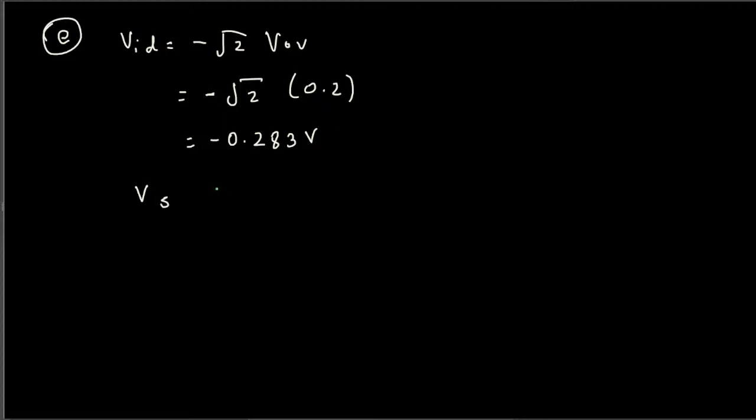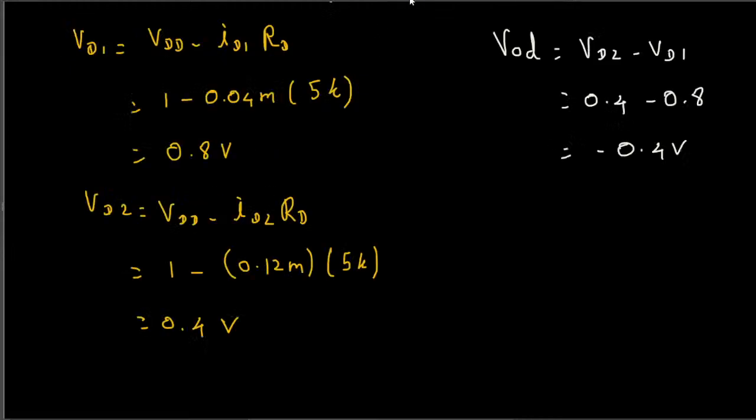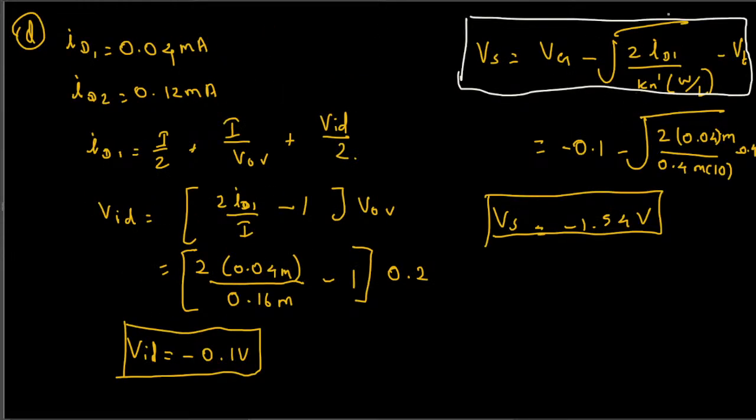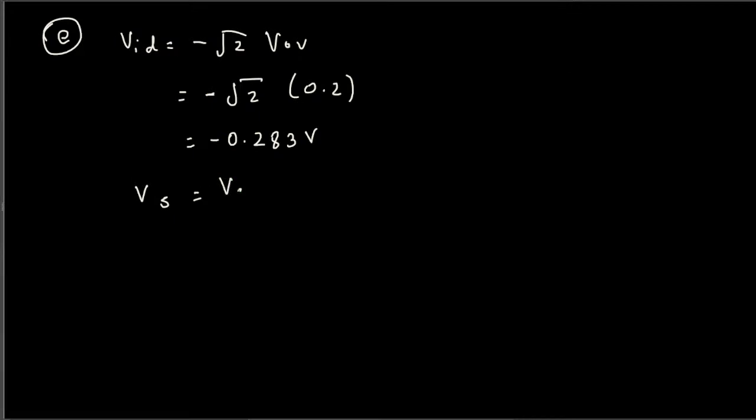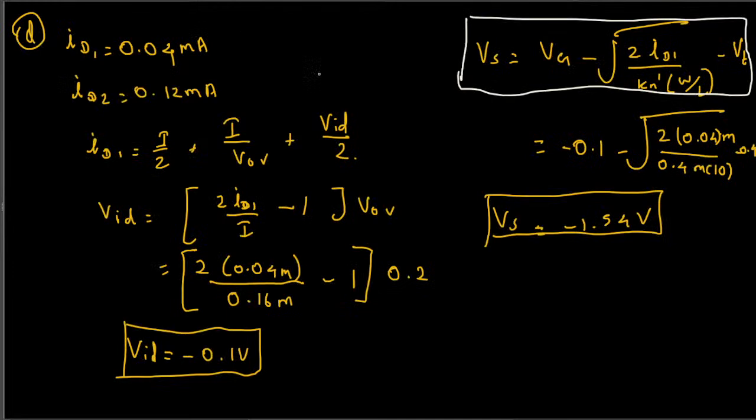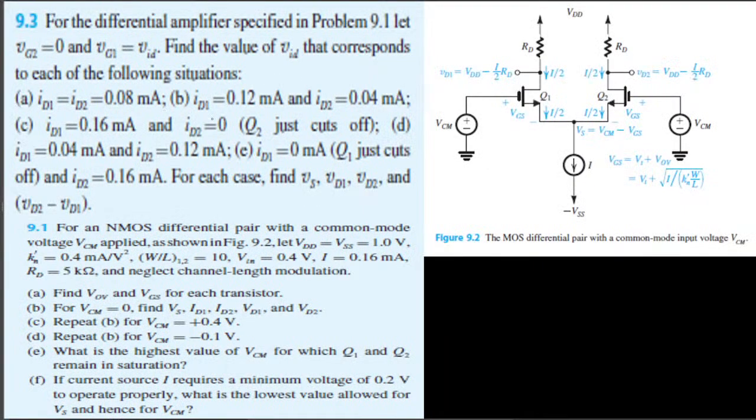Okay, so VS is equal to this equation, that is VG minus square root of 2 times ID1, but in this case we use ID2 because only the second circuit has the current.